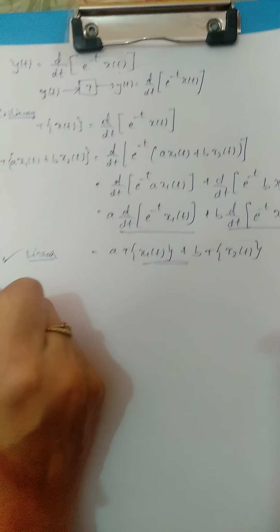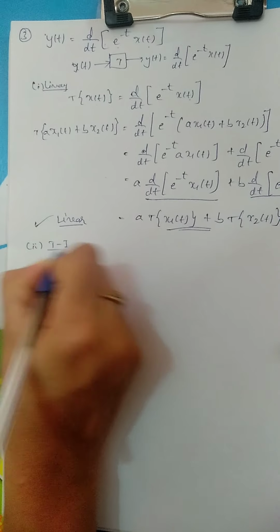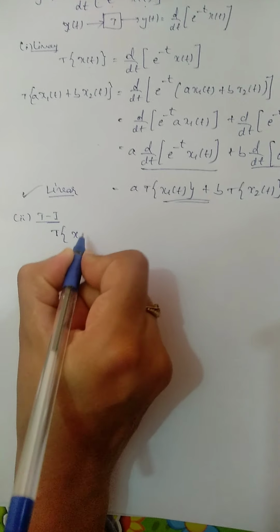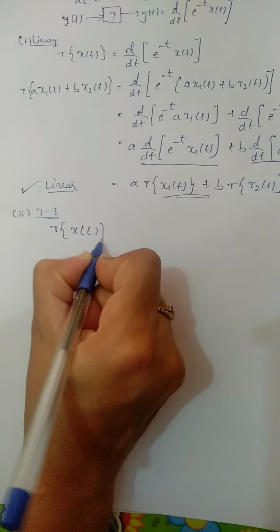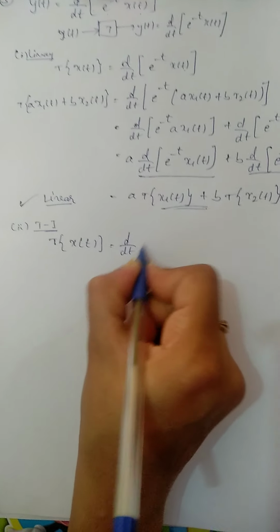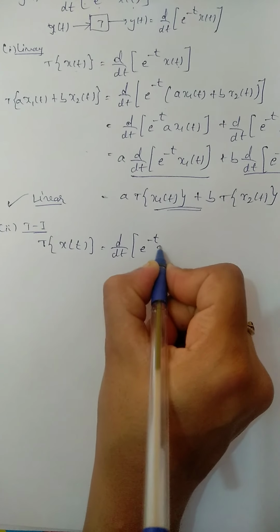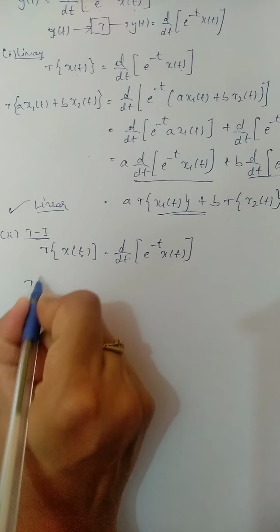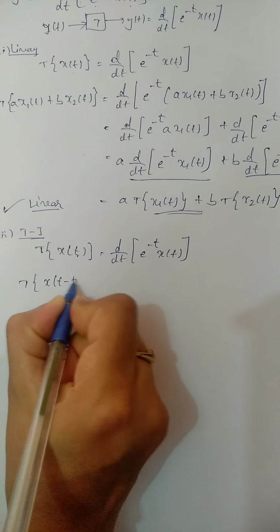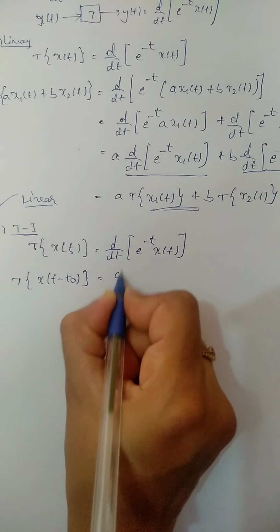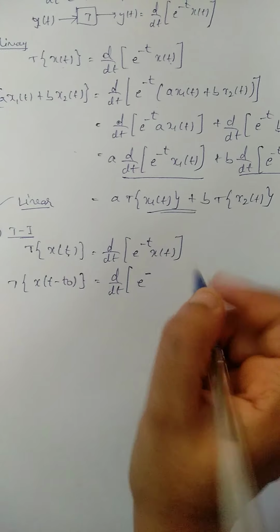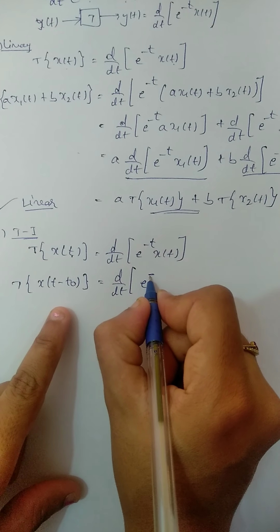Then the second one is the time invariant property. For this we first take T[x(t)] = d/dt of e^(-t) x(t). In the place of t, we just need to replace t - t0.